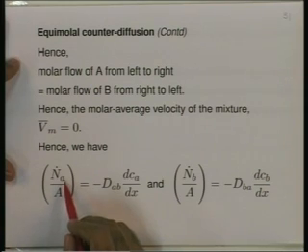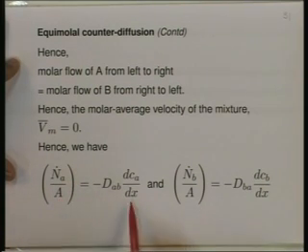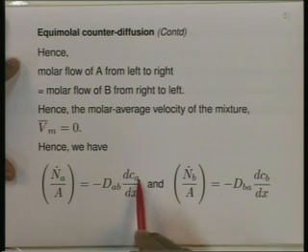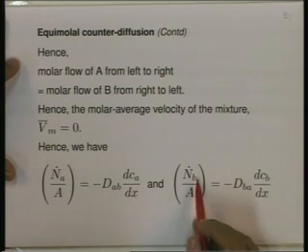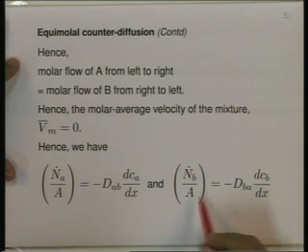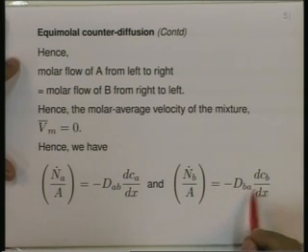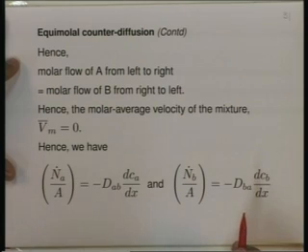So, we have the molar flux of A provided by Fick's law as minus Dab dCA by dx, and molar flux of B is also minus Dba dCB by dx.